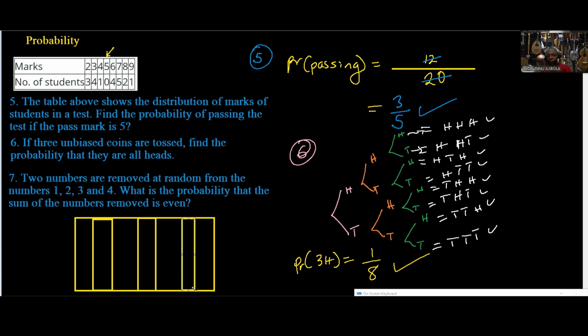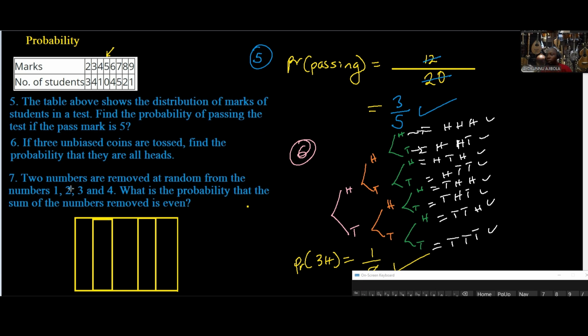So if I have 1, 2, 3, 4, I need only 4 there, then the other side too. Are you watching this? Yes, sir. So I need this for 1, this for 2, 3, and finally 1, 2, 3, and 4. This is the fourth one at the bottom.